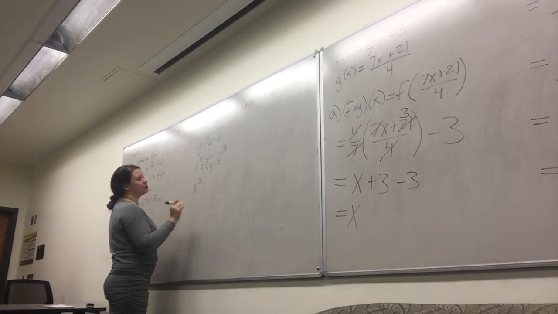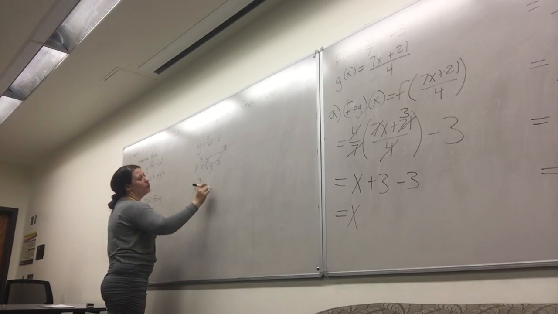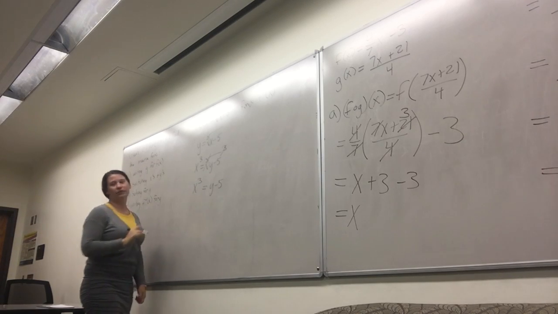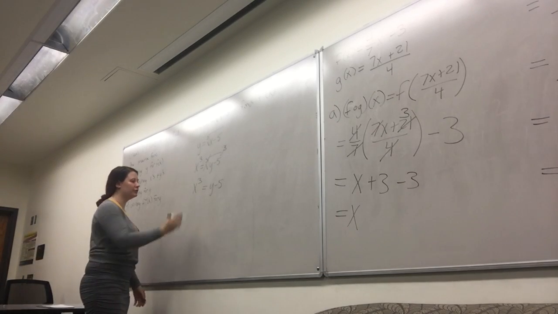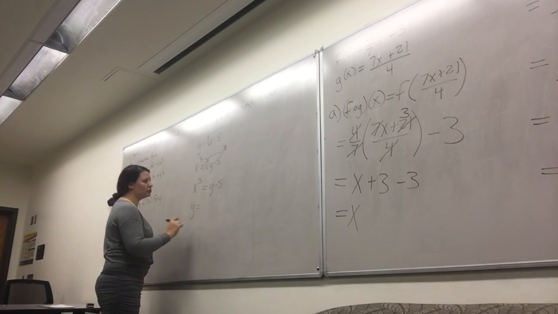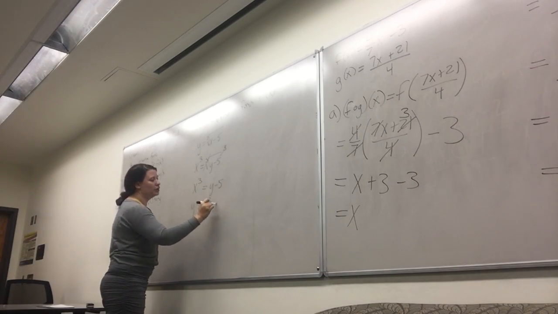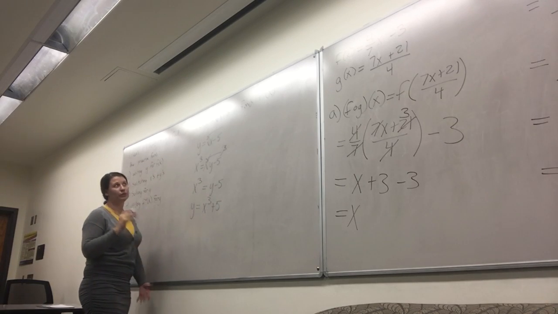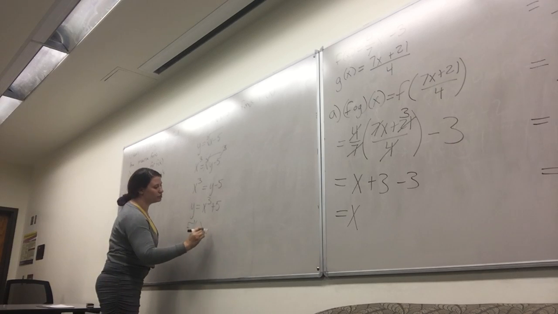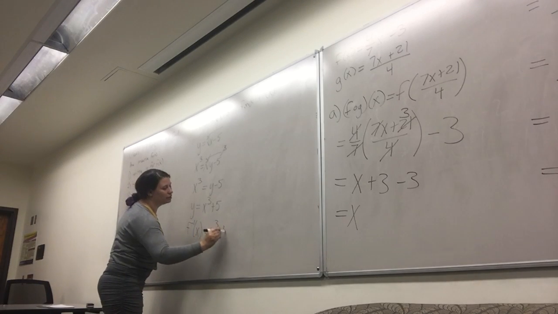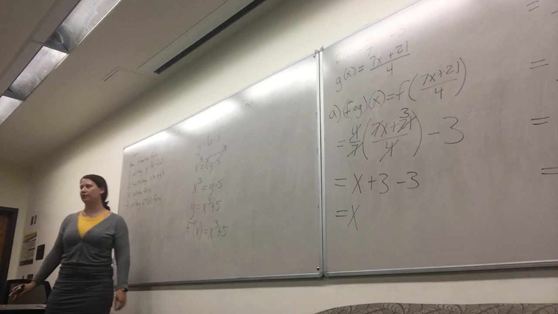So we have then x cubed is equal to y minus 5, right? Then add 5. So y is equal to x cubed plus 5. To fully finish, f inverse of x is equal to x cubed plus 5.